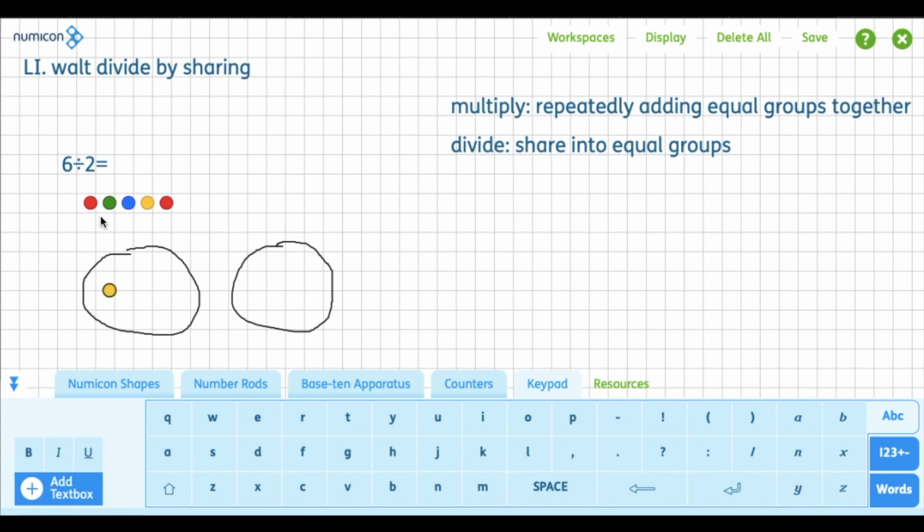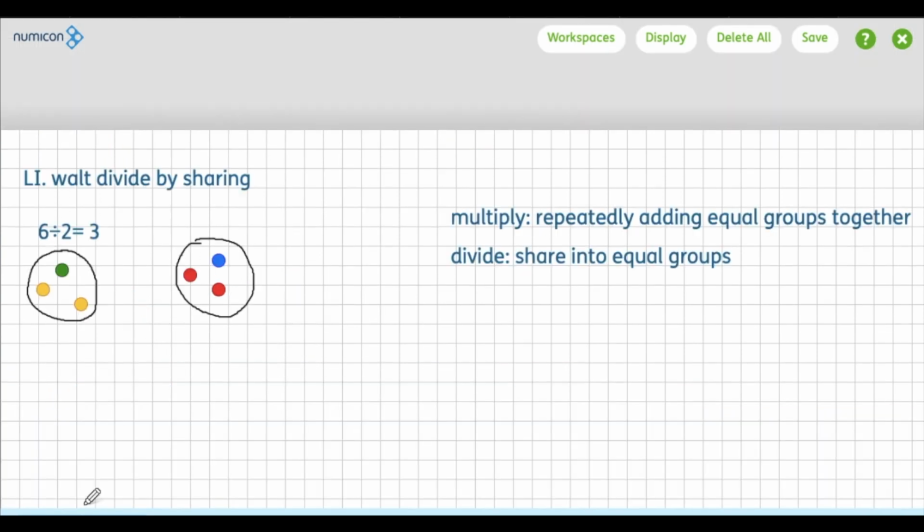I share 1 into this group, 1 into this group, and then I go back to the first circle, then this circle, then this circle, and this circle. And I've shared them equally because there are 1, 2, 3 in this circle and 1, 2, 3 in this circle. So if I share 6 equally into 2 groups, then the answer is 3. So 6 divided by 2 is 3.